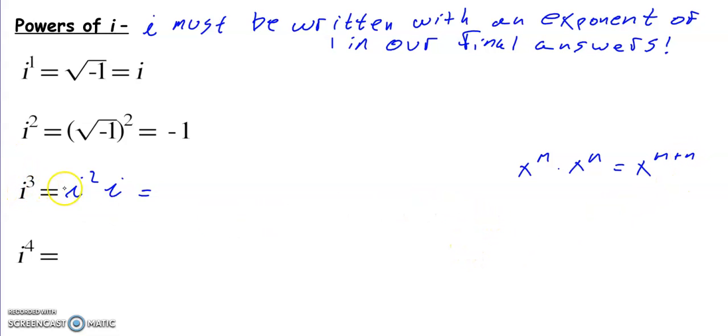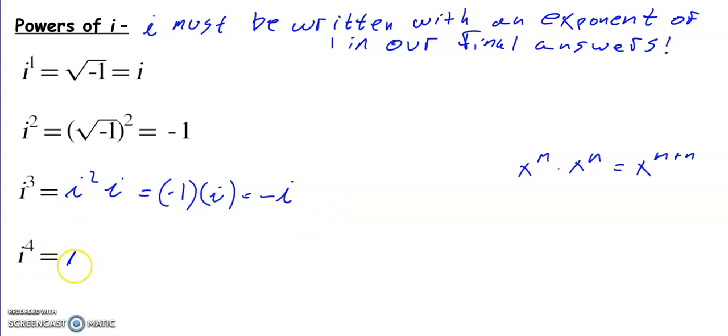I'm saying i to the third is the same as saying i squared times i, because 2 plus 1 is 3. So i squared is -1, -1 times i, that's going to give me -i. So anytime we have an i cubed, we're going to say -i.